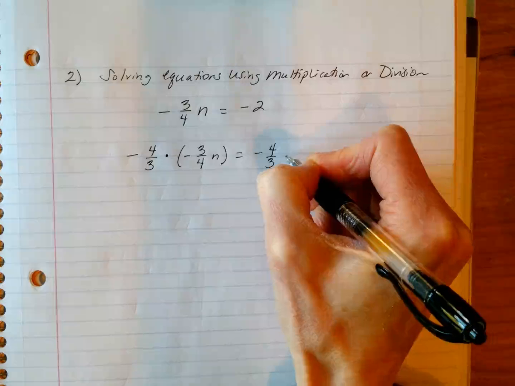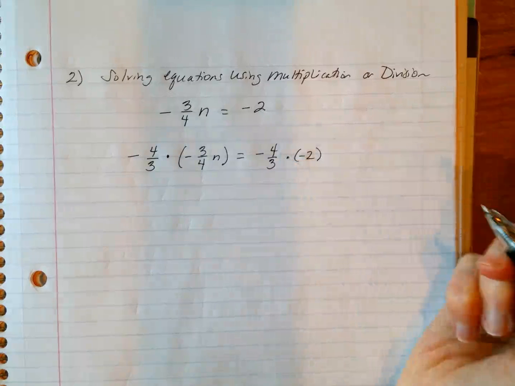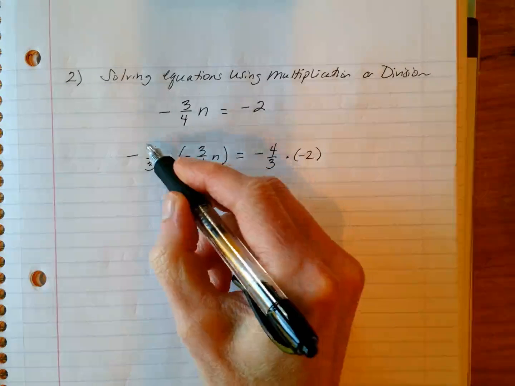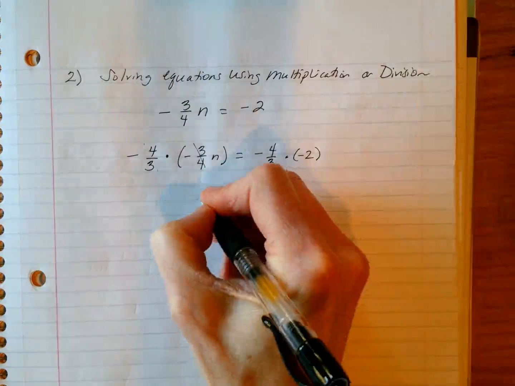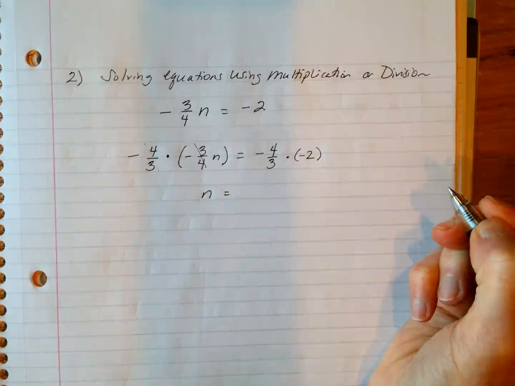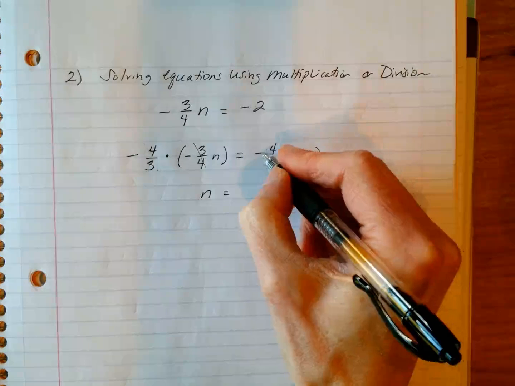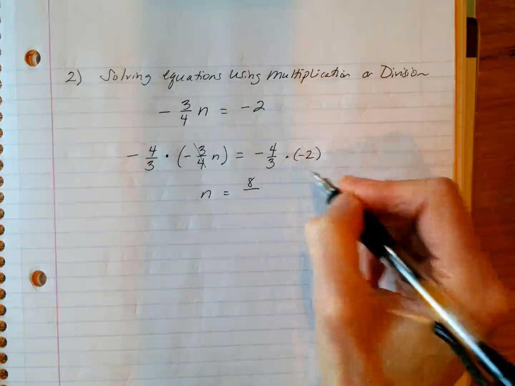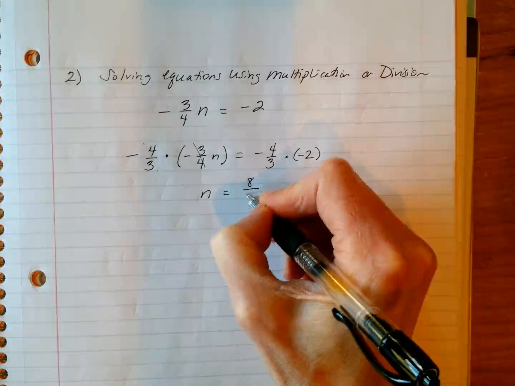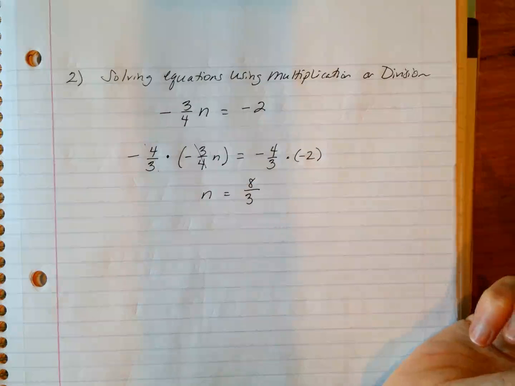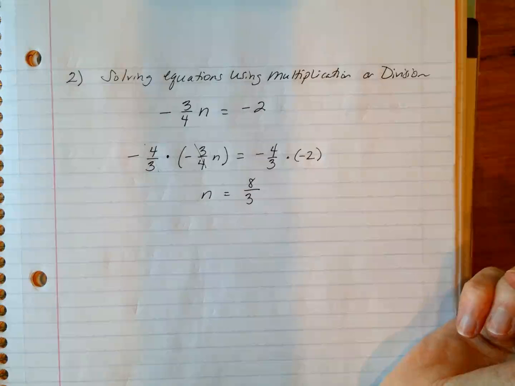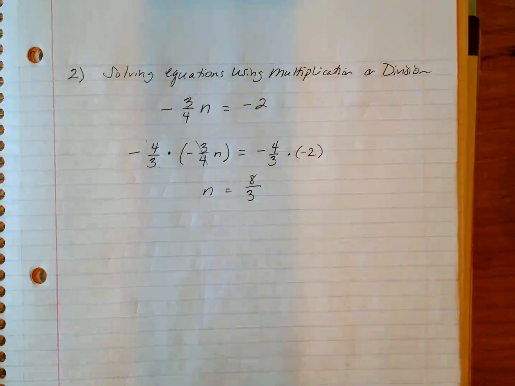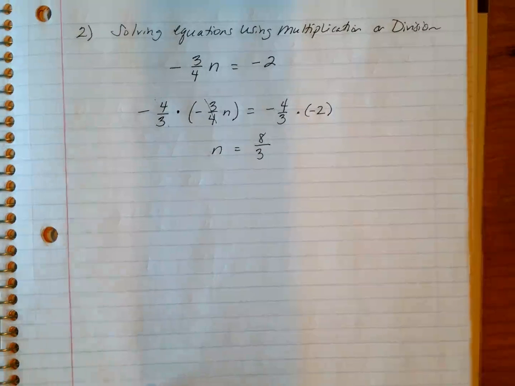Multiply my negative 2 by the negative 4/3. So now that this is gone and has left n by itself, I now get, well, negative 4 times a negative 2 is 8. Okay, and then my 3 will just stay a 3. So n equals 8/3.